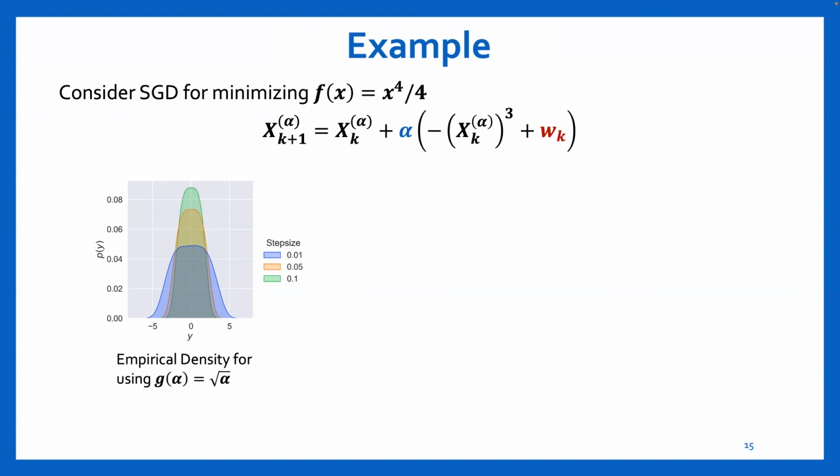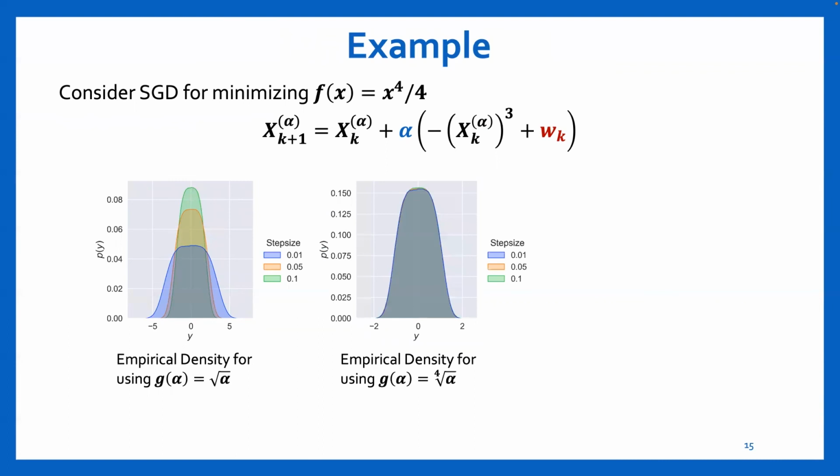It means that square root of alpha is not the correct scaling. However, if we plot the empirical density function as a function of alpha to the power 1/4, in this case we observe convergence. When the step size goes to 0, all these distributions converge. So this means that alpha to the power 1/4 is the correct scaling function.